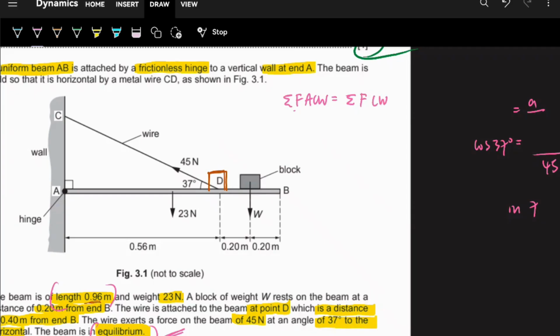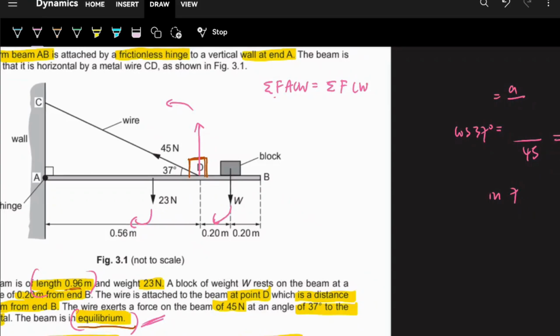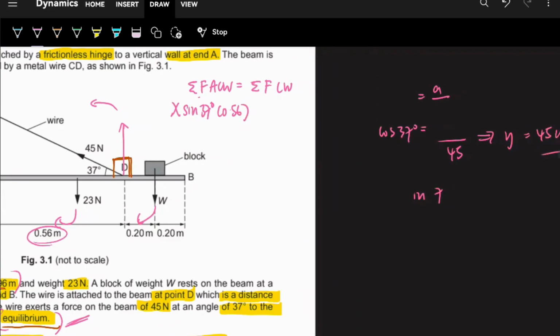ACW is anti-clockwise, CW is clockwise. You have a force here. This is going anti-clockwise, this is clockwise, and this is clockwise. So now our anti-clockwise is 45. No, not 45. That is what we're trying to find. Let's put it as x. Sine 37 degrees. Your distance is 0.56.